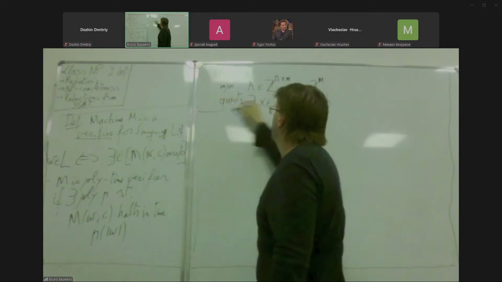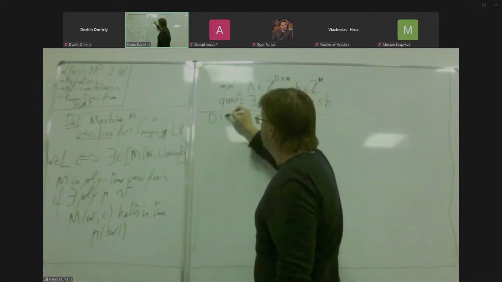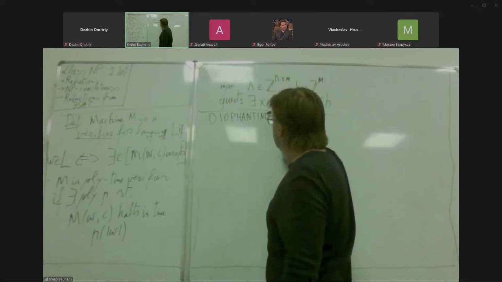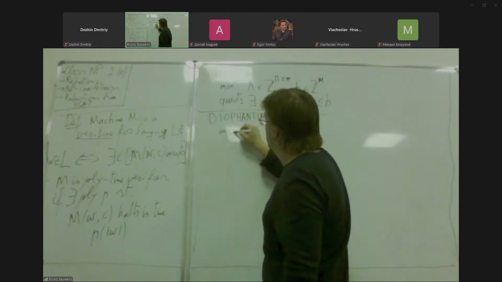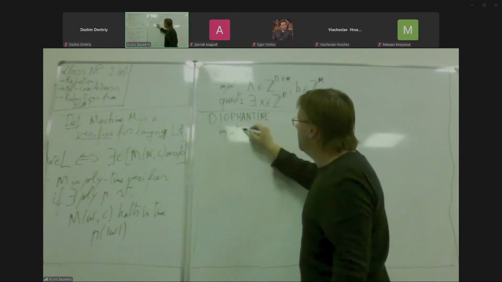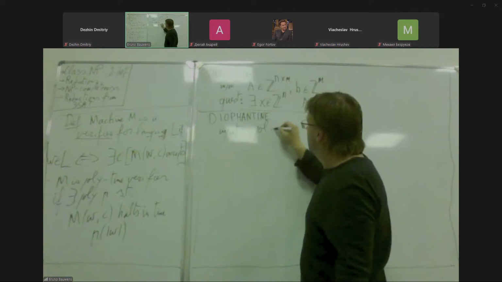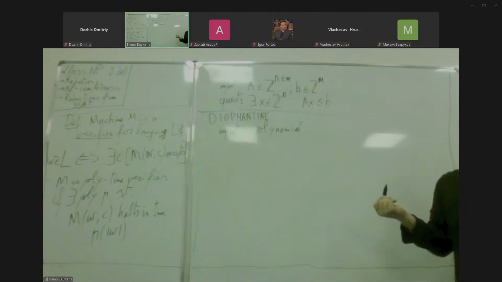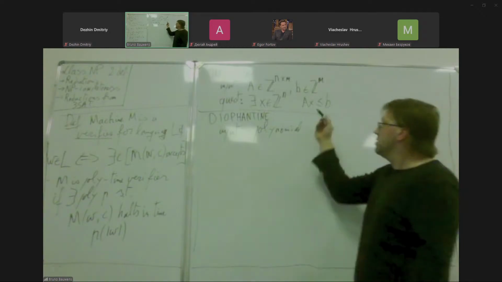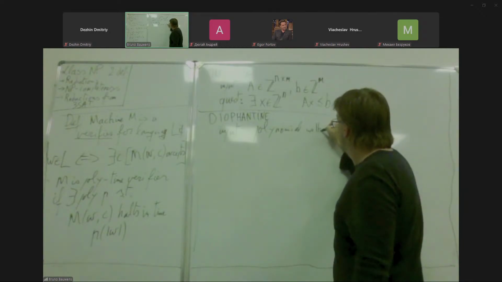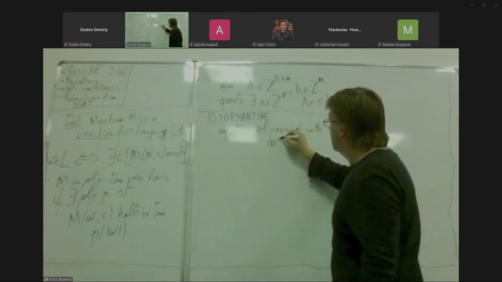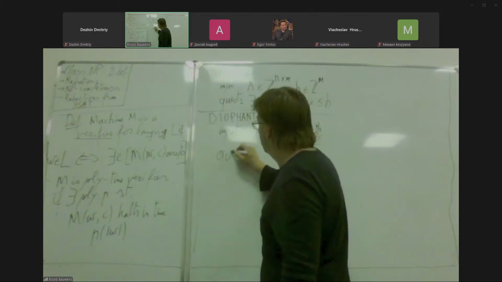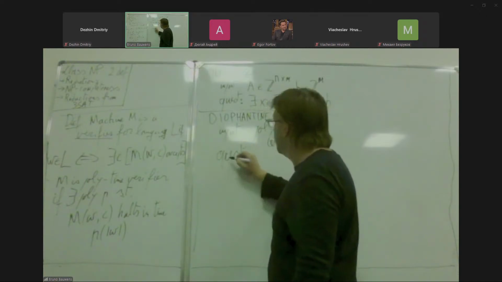So let us have another problem, Diophantine equations. Here the input is a polynomial with integer coefficients, and the question is, does it have an integer solution? A polynomial in one variable.